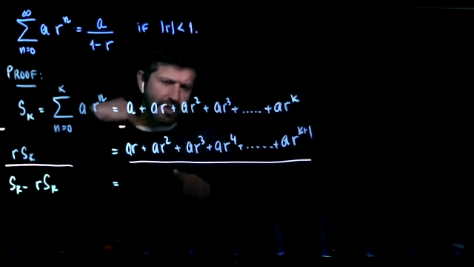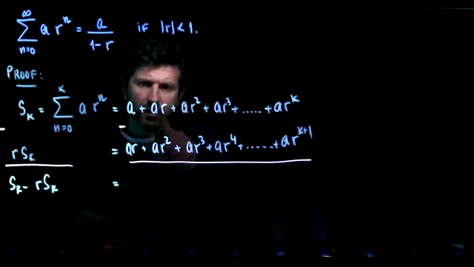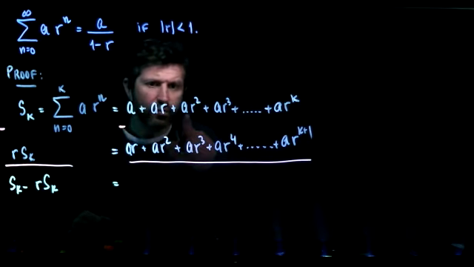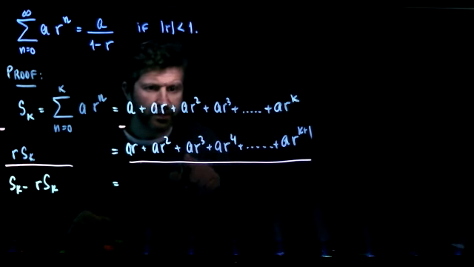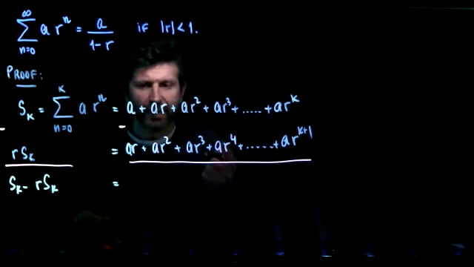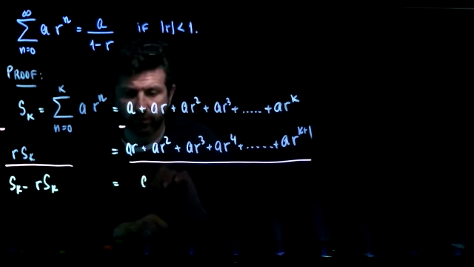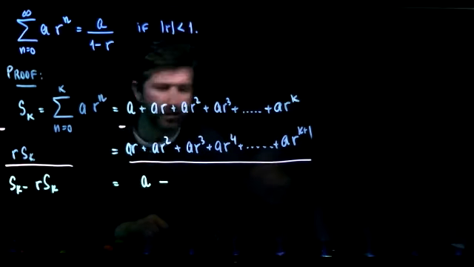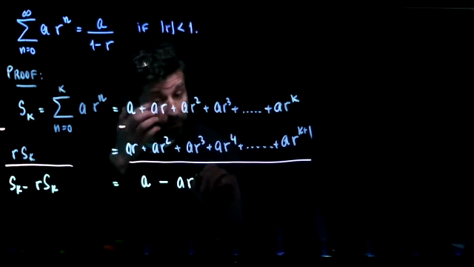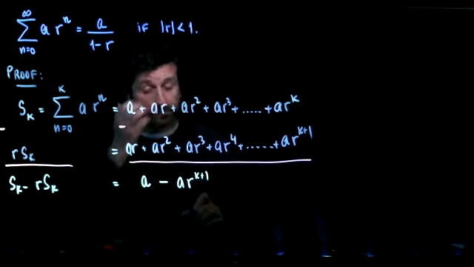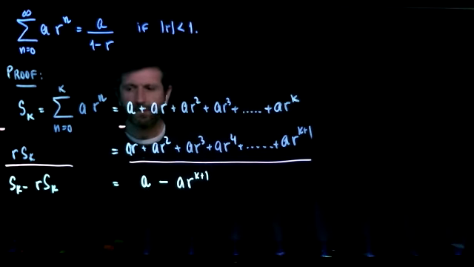If I do this minus that, the ar minus ar will cancel. ar squared minus ar squared will cancel. ar cubed cancels, cancels, cancels. Everything will cancel besides what? The first one and then the last one. Very good. So a minus this guy, ar to the k plus 1. Is that okay?